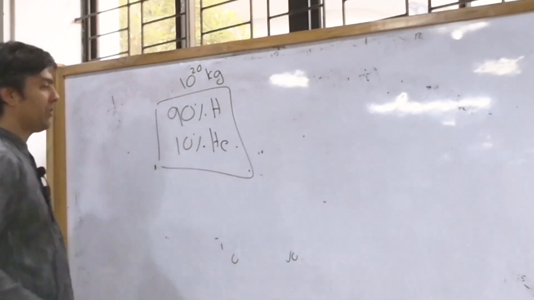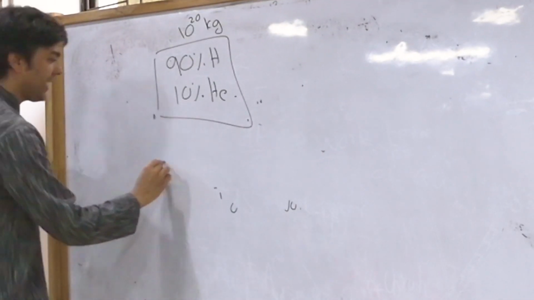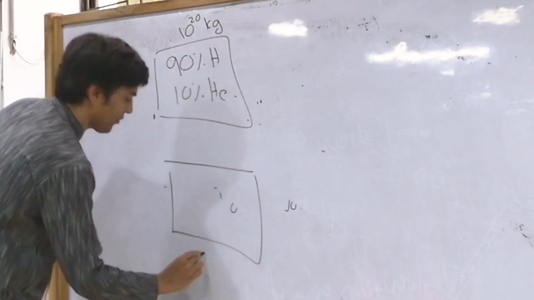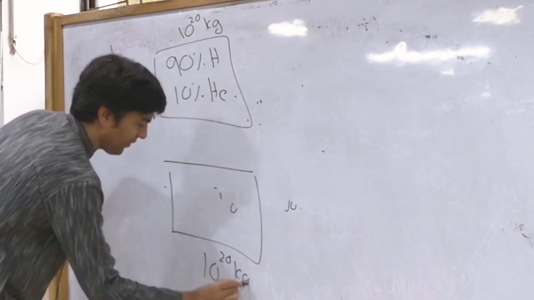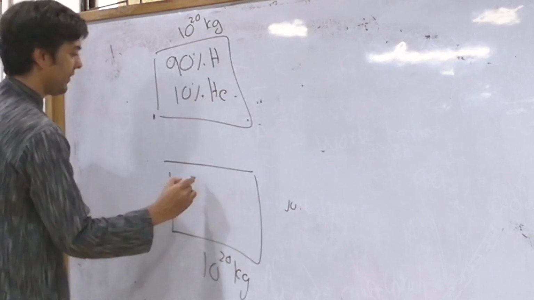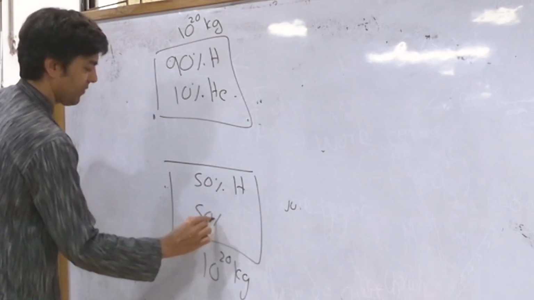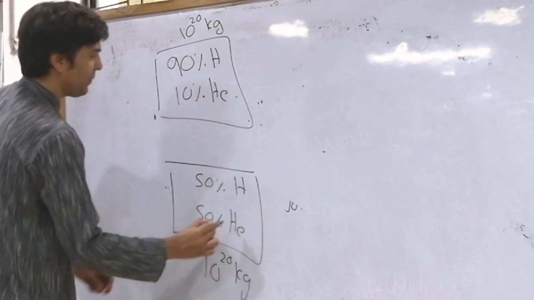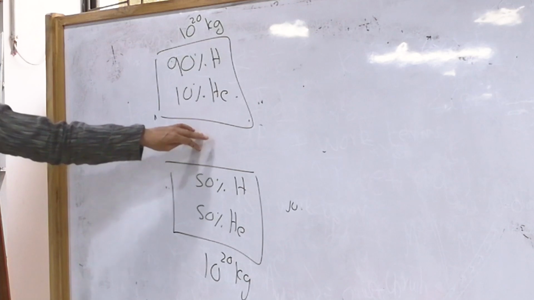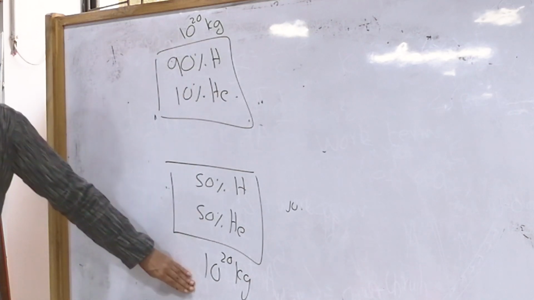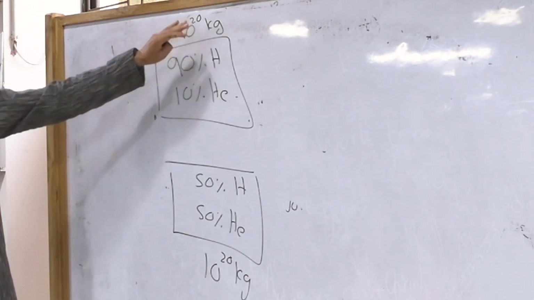It's not a star, it's some other object. I'll take something else, also 10 to the 20 kg, so it will evaporate fast, with 50% hydrogen and 50% helium. I'm just making up these numbers, they don't mean anything. I'm just saying you can start with black holes that have the same mass but different compositions.